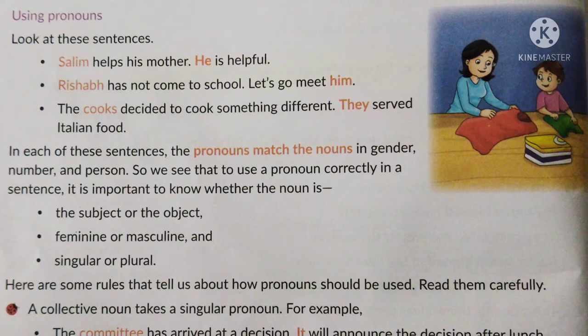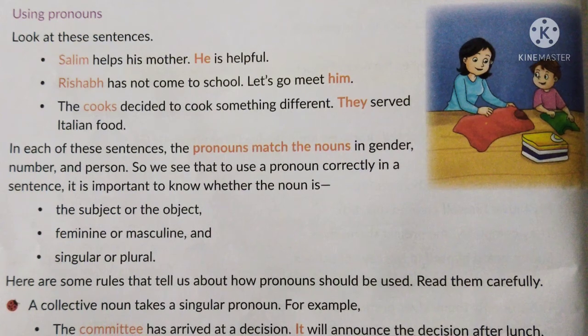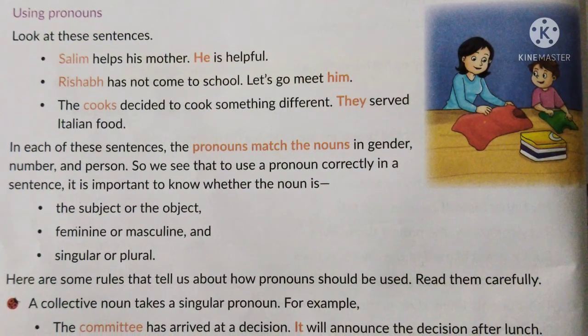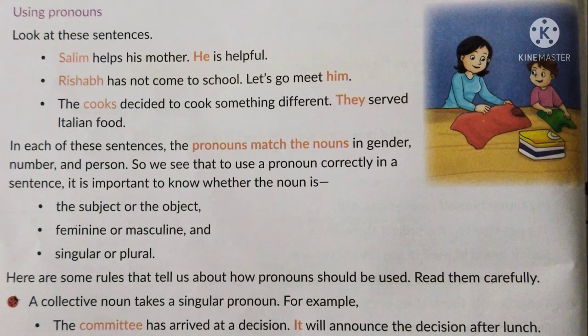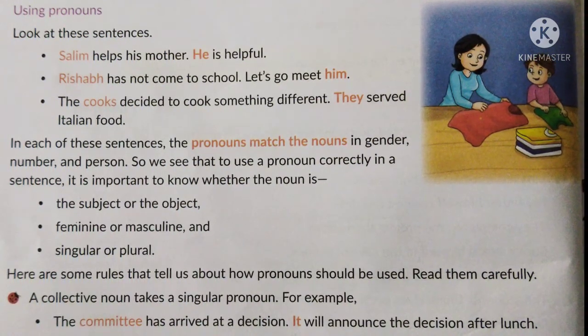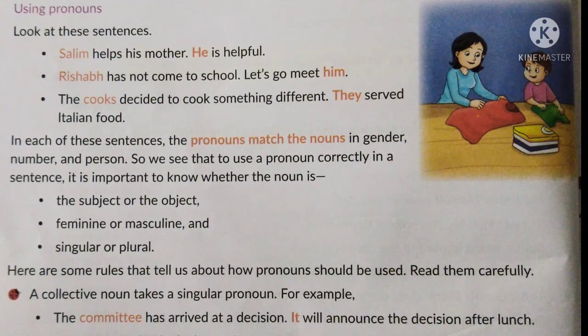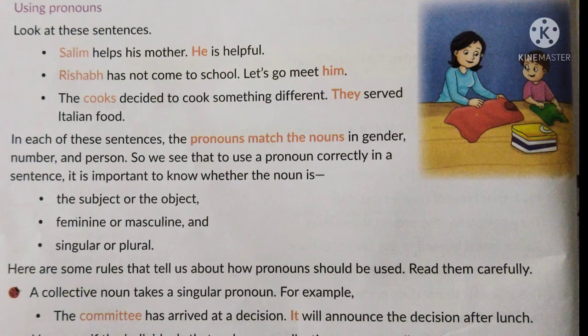Let us now understand how to use pronouns in sentences. A few examples as mentioned on the screen. Salim helps his mother, he is helpful. We cannot repeat the noun, so we use the pronoun he. Rishabh has not come to school, let's go meet him.